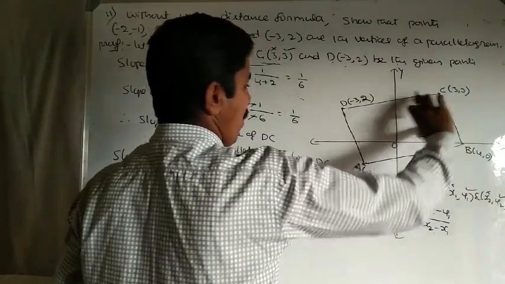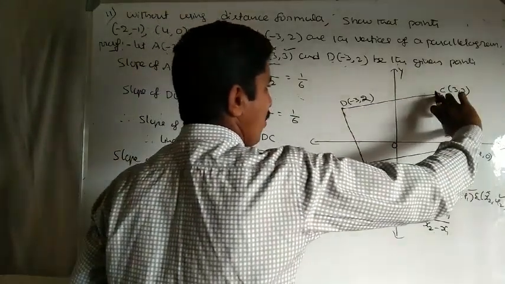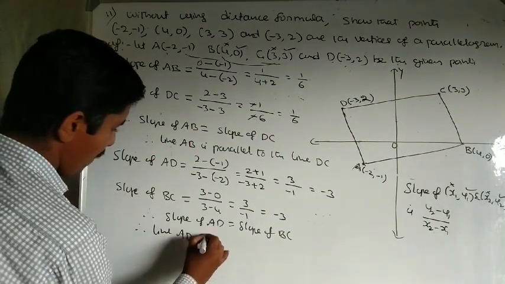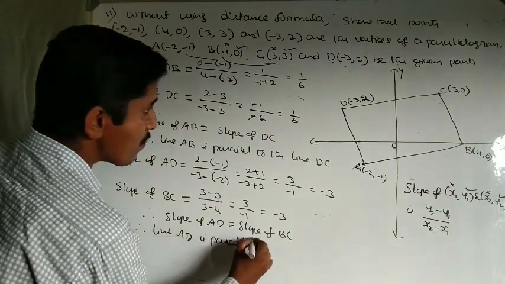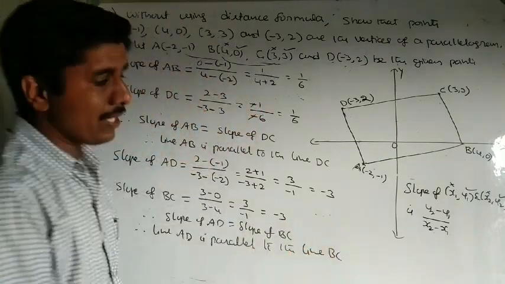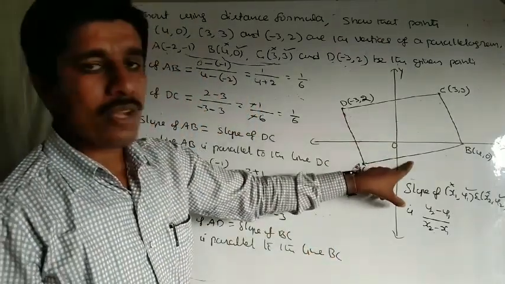These two slopes are equal, which clearly means line AD is parallel to line BC. Slopes of these two sides are equal.